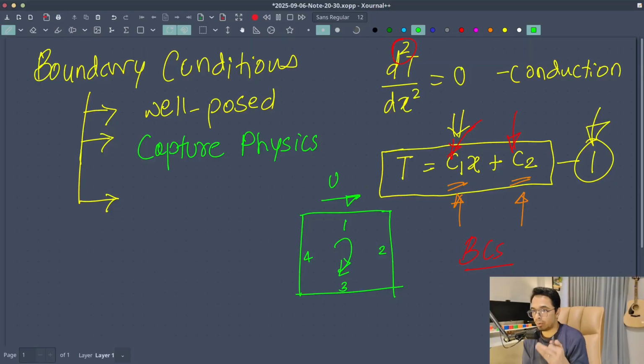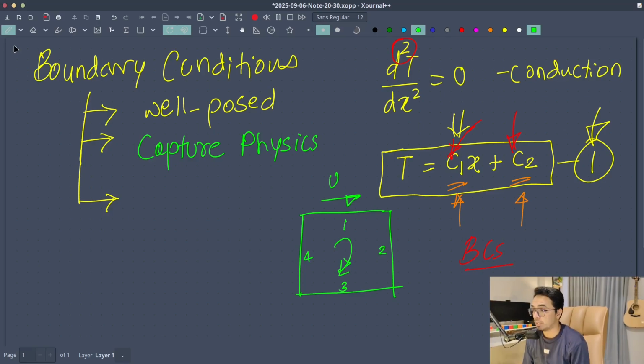But during this entire physics taking place, these boundaries are going to interact with the flow. So we need to also take care of what is happening at the boundary. Hence, for capturing the physics in its essence, we need to dearly mention what happens at the boundaries, and that's why we need to define boundary conditions.